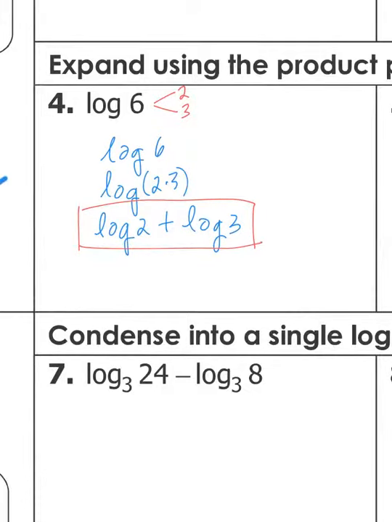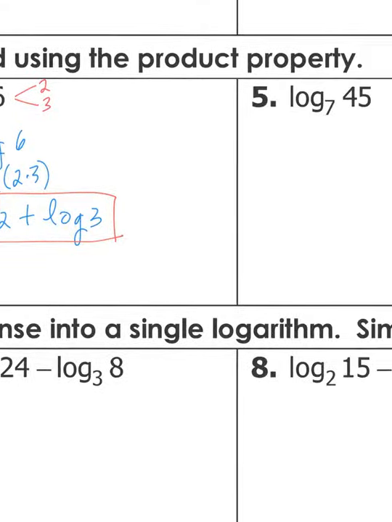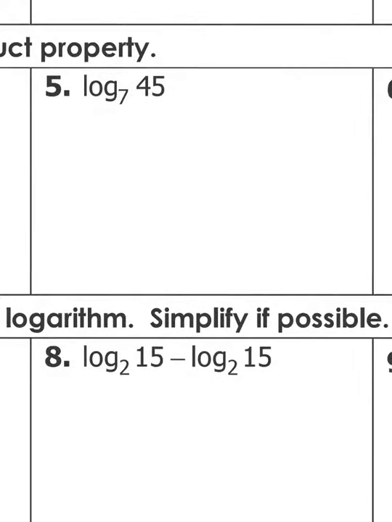So then you try 5 and 6 on your own, pause the video, and then check your answers. So for 45, you probably would have used either 5 and 9, since 5 times 9 gives you 45, or 3 times 15. Those are your two possibilities. Most of you will have chosen 5 and 9, I would have thought.